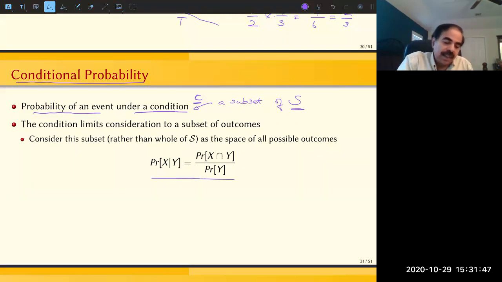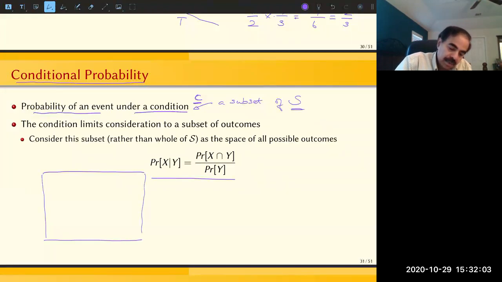So the conditional probability is given by this formula, and once again we can understand this using a Venn diagram, right?